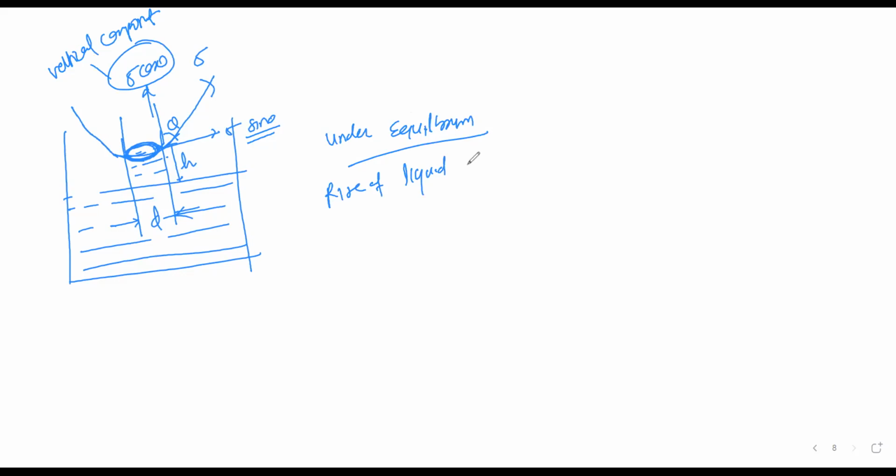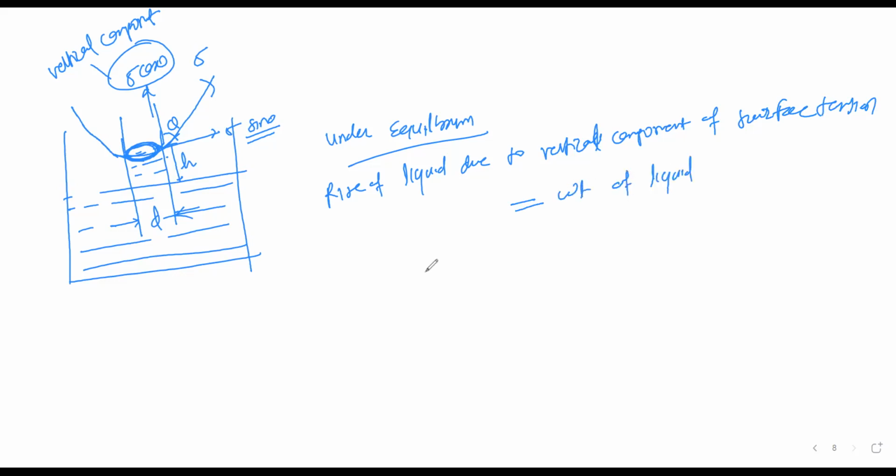So the rise of a liquid, due to the vertical component of surface tension, must be equal to the weight of the liquid. How to find the vertical component? Sigma is force by length, so force is equal to sigma into L. Using it here, it's sigma cos theta, because I take the vertical component, into L.